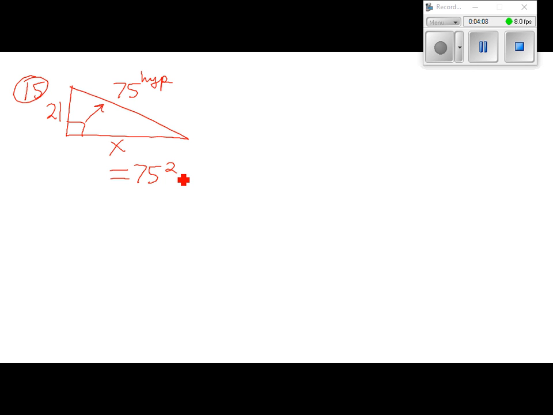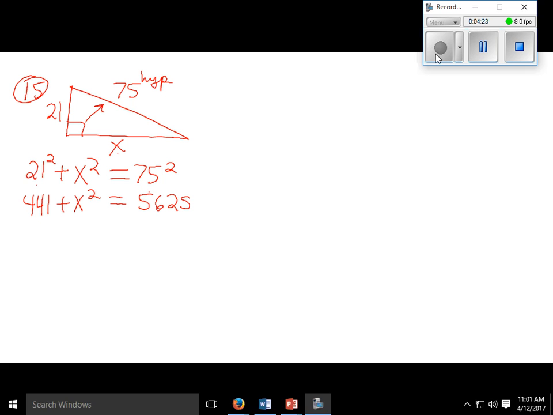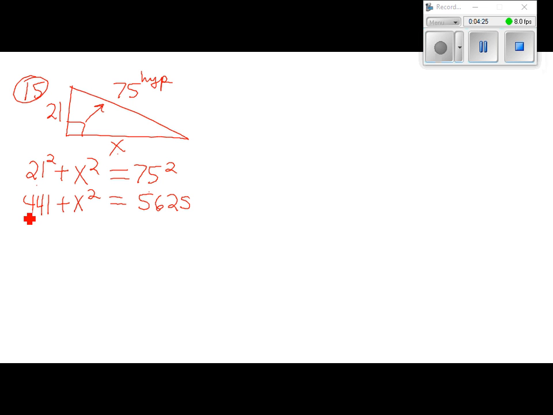So we have 75 squared on the side by itself. On the other side we have 21 squared plus our other leg, x, so x squared. We grab our calculator: 21 squared is 441, and 75 squared is 5625. We want to get x squared by itself, so we subtract 441 on both sides.